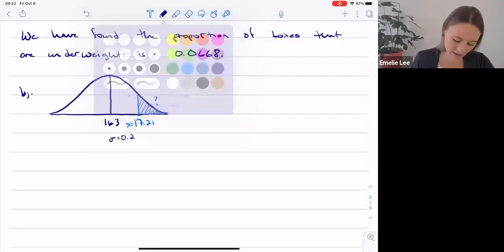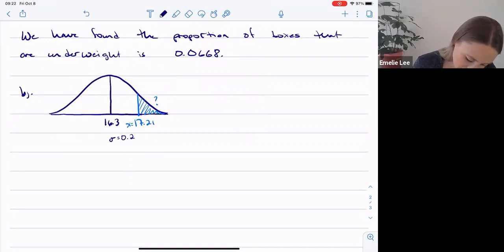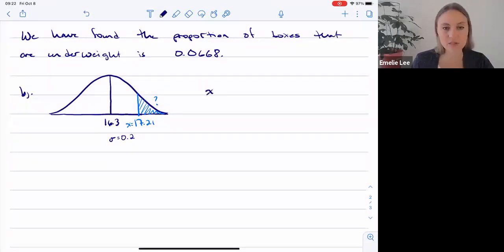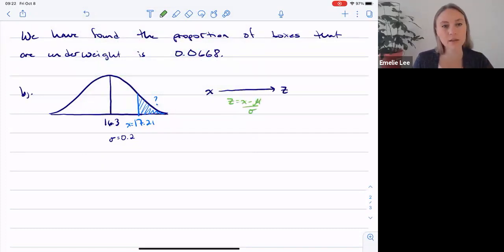So again, I'm not going to explain why we have to find a Z-score. It's because we need to use the Z table. I'm just going to go ahead and do the calculation. In general, what you'll find is that you'll start out with some X, and then you'll turn that into a Z using Z equals X minus mu over sigma.